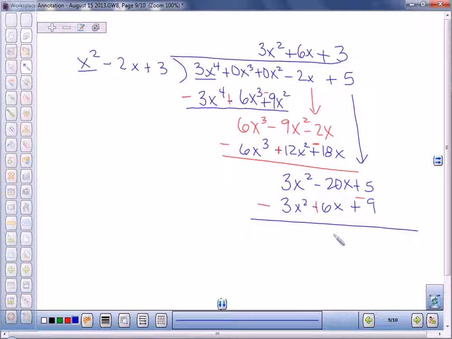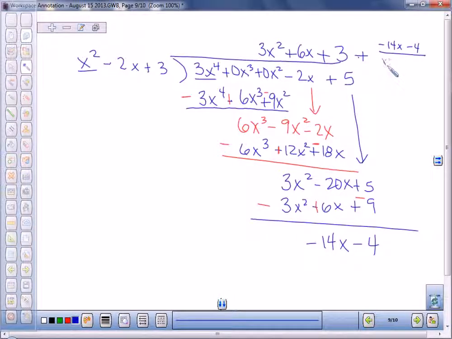Okay, will an x squared go into an x? No. What's remaining is a lesser degree than my divisor, so this has to be the remainder. So you could either write plus negative 14x minus 4 over this, or you could write minus and make those plus.